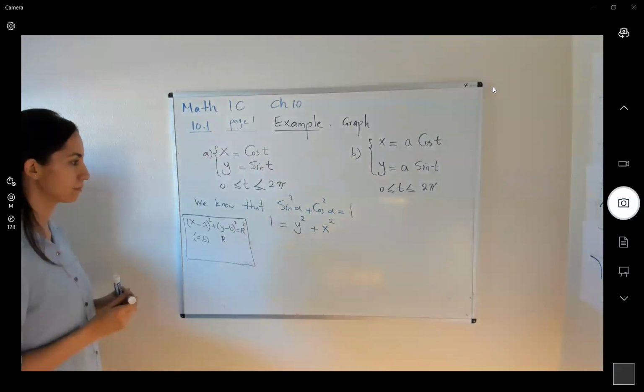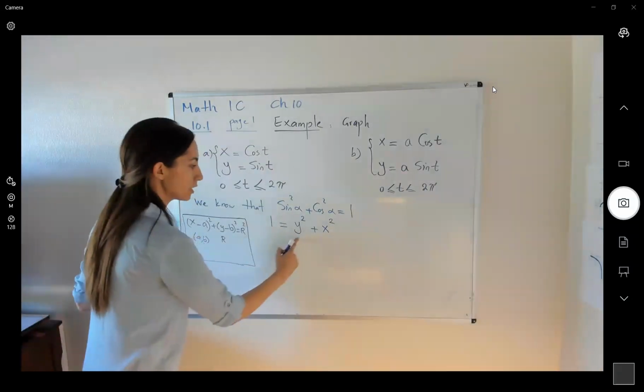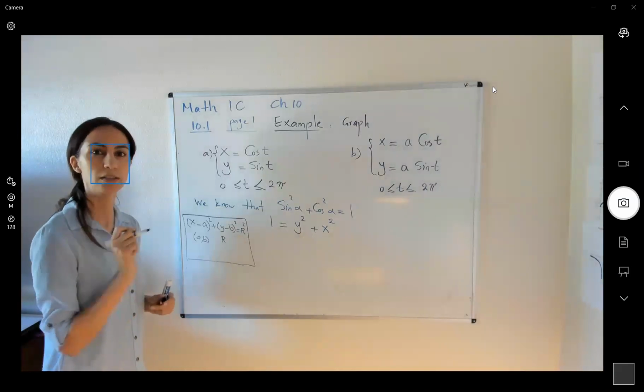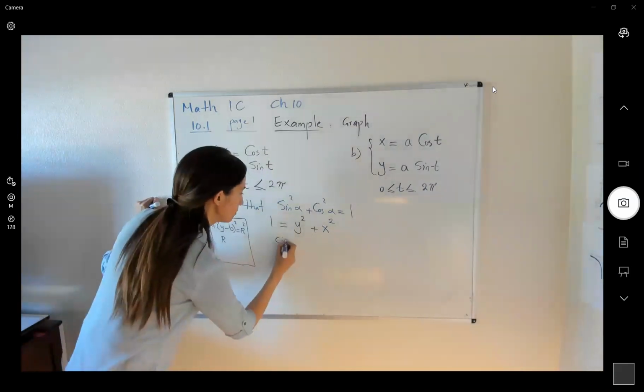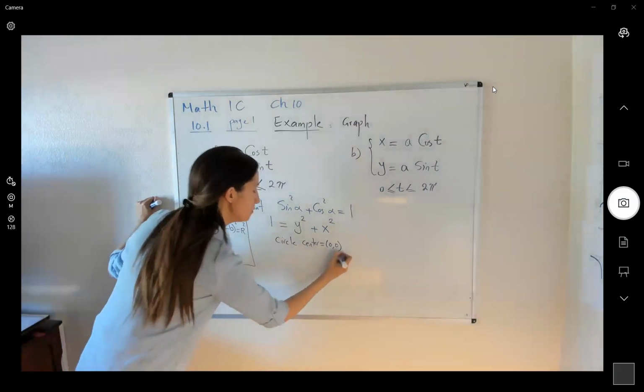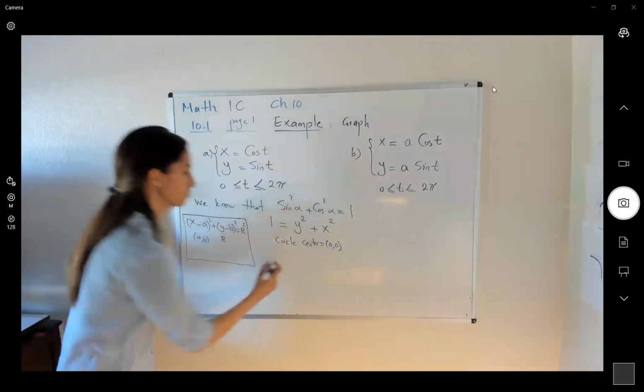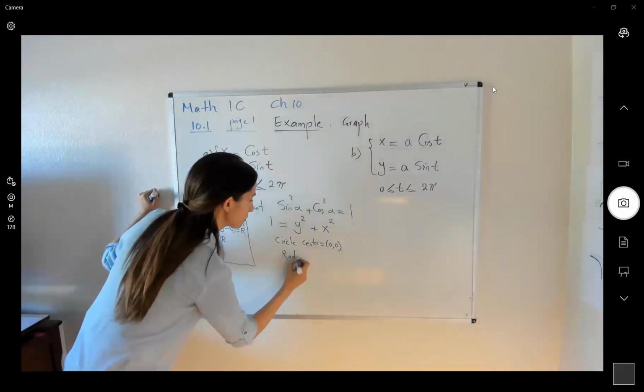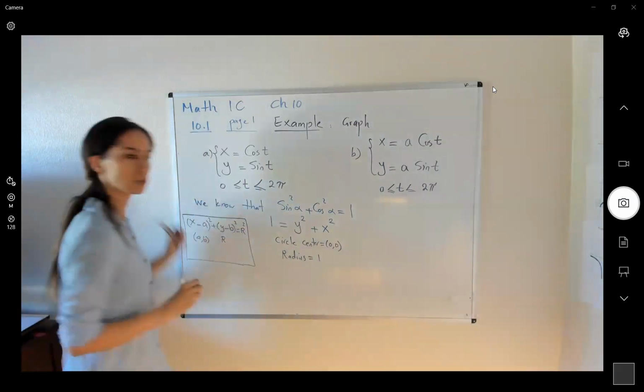We know that. So this guy is the equation of a unit circle, a circle with center at the origin and radius r equals 1.